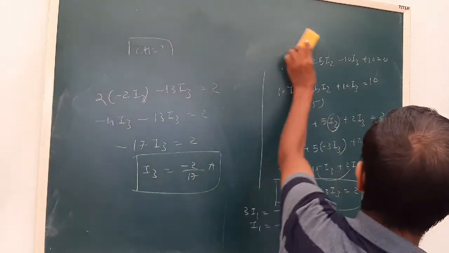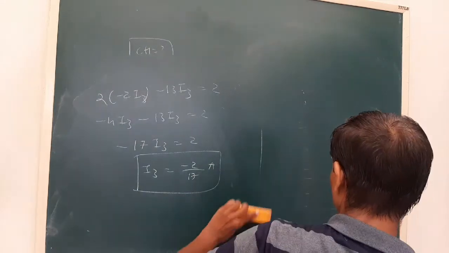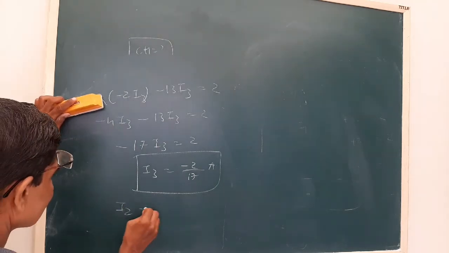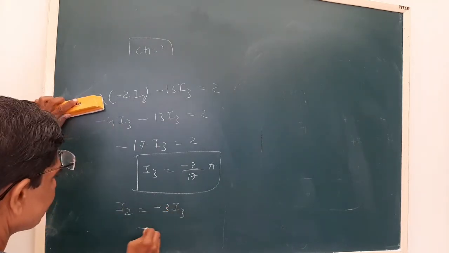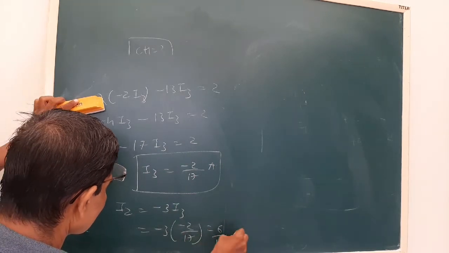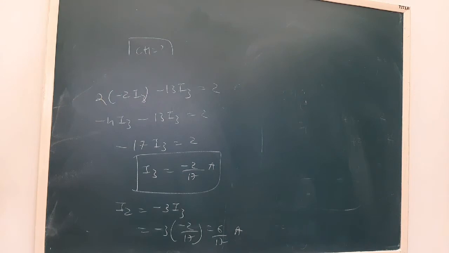Now we have to substitute in the equation. I2 is minus 3I3, minus 3 into minus 2 by 17, so I2 is 6 by 17.